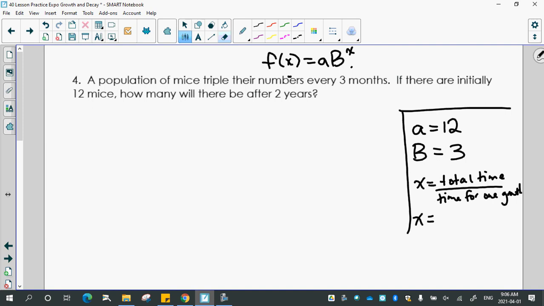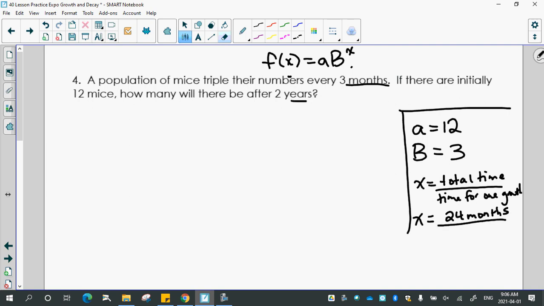So what's the total time? 2 years, but we've got months and years, so we have to pick one, right? If the total time's 2 years, I can't have years and months. I have to change them either both to months or both to years. Which one's easier to do? Right, so there's 12 months in a year, so the total time is 24 months.